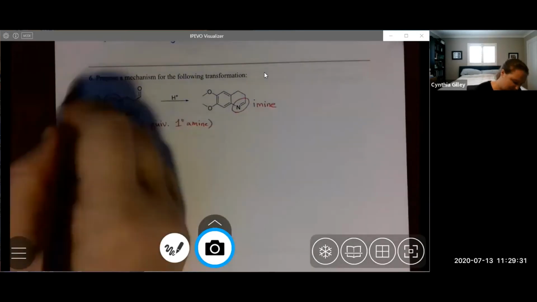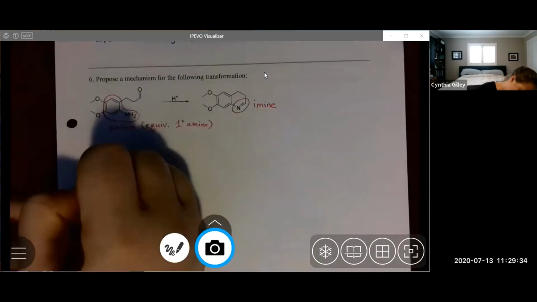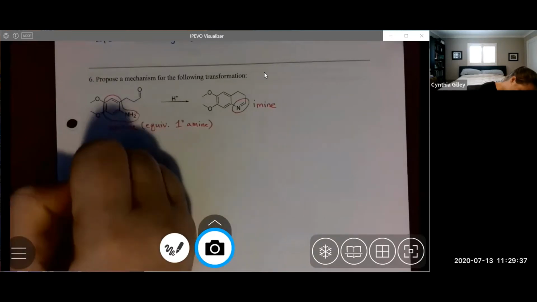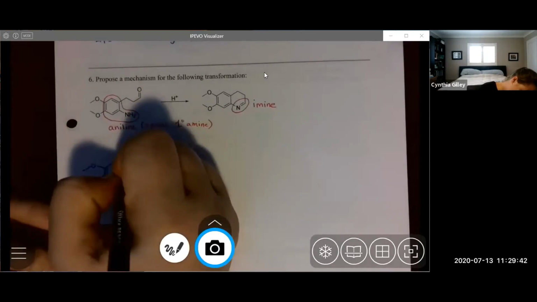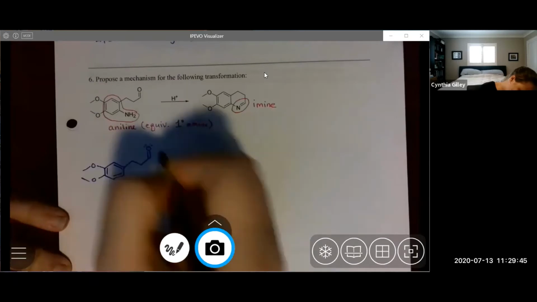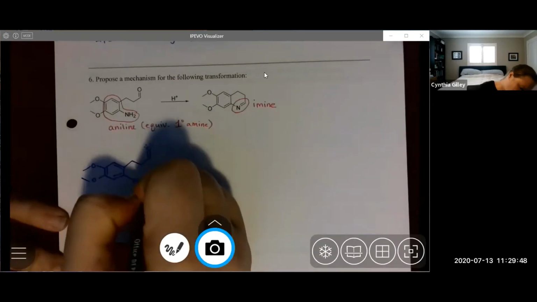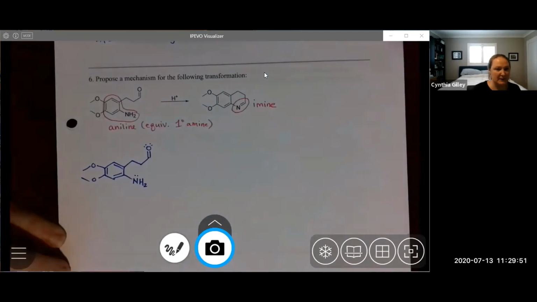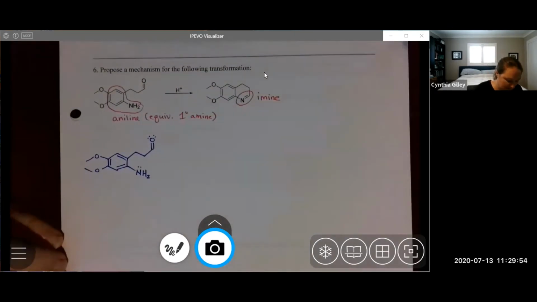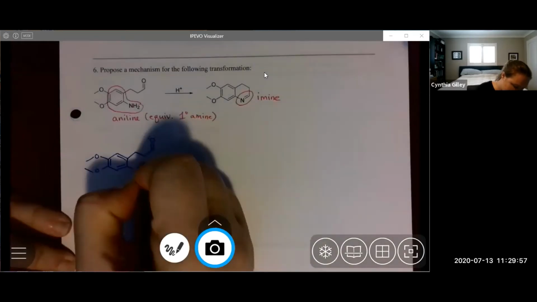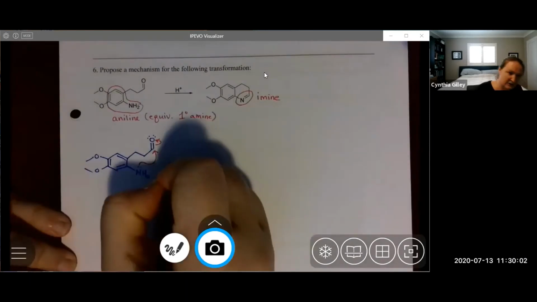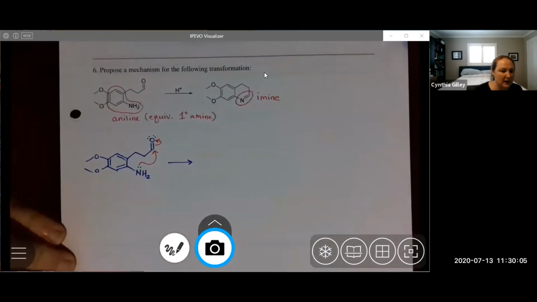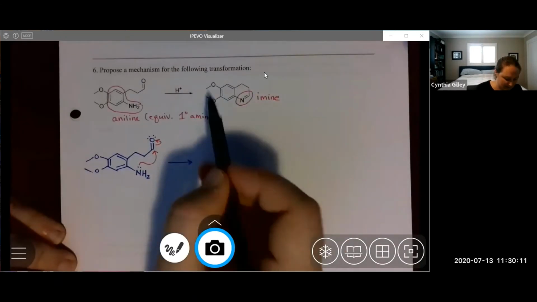Because I've drawn all over this, I'm just going to redraw it. We just want to follow the same steps that we've been doing with our mechanisms. So first step is nucleophilic attack, and it just happens to be intramolecular. That's okay. We have an idea of what size ring to form here, but we could also do some counting.